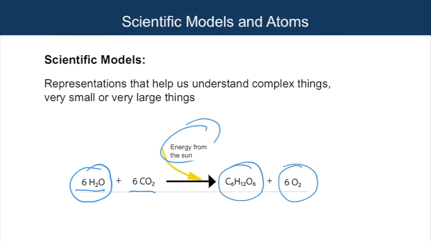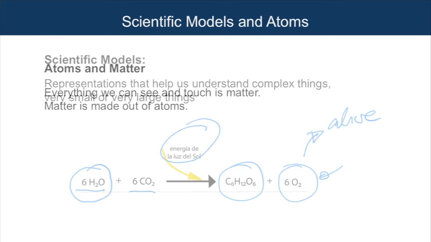Yes, that very same oxygen that you and I need to breathe in order to be alive comes from this reaction. We wouldn't be here if photosynthesis were not on this planet. At least we wouldn't have life as we know it right now.